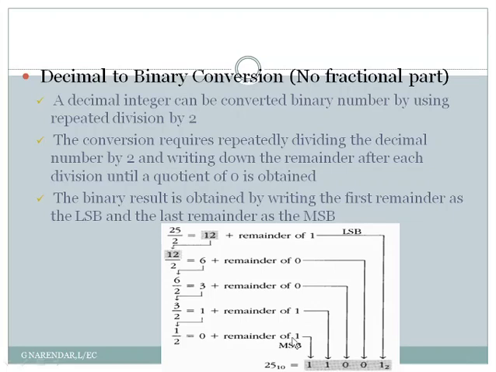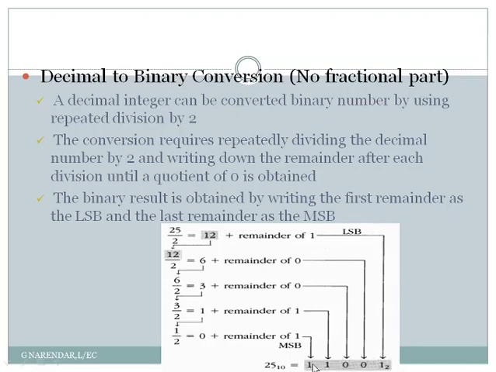You have to collect the remainders from bottom to top. First write the bottom one, this is 1, the bottom remainder is 1, next it is 1, and this is 0, and this is 0, and this is again 1.